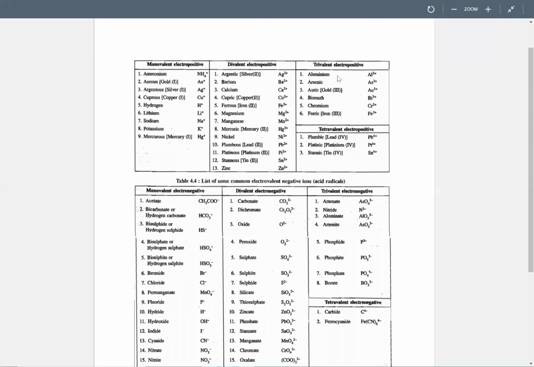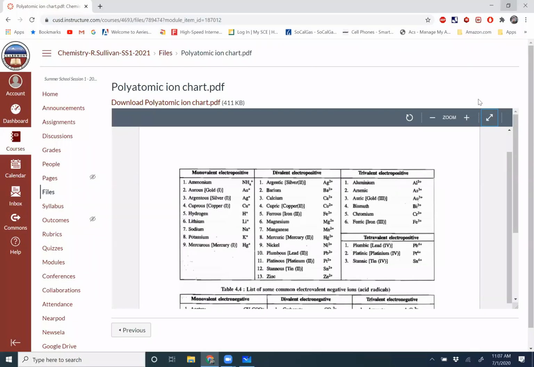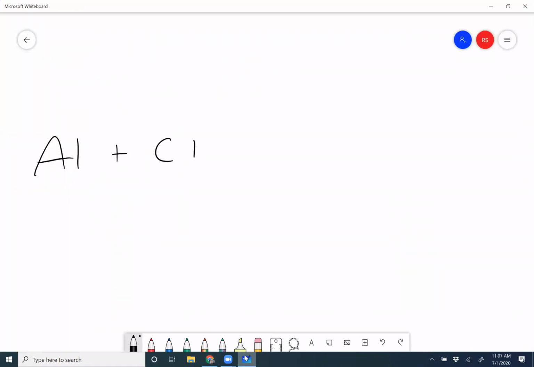We have aluminum right here, and we have chlorine down there. So this is a 3+ ion, and this is a -1 ion. The overall charge of our aluminum and chlorine has to be 0. So we need enough aluminums and enough chlorines when we mix them together to get to 0.